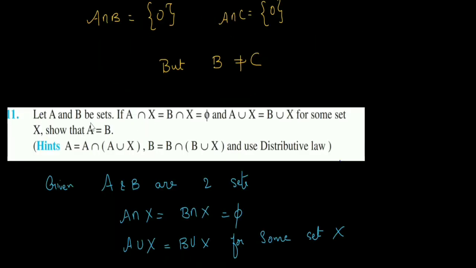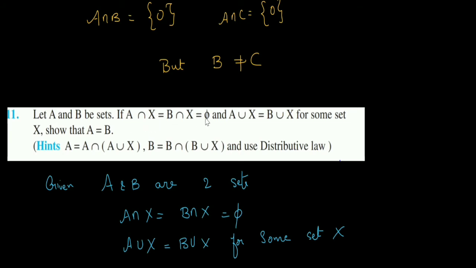Let A and B be two sets. If A intersection X is equal to B intersection X is equal to the empty set, and A union X is equal to B union X, for some set X, we have to prove that A is equal to B. So what is given in this? A intersection X. So A and X are two sets.